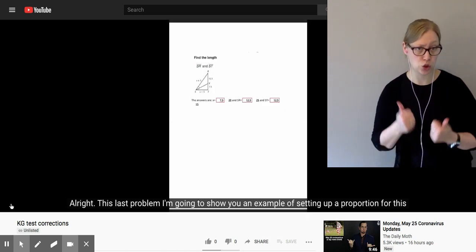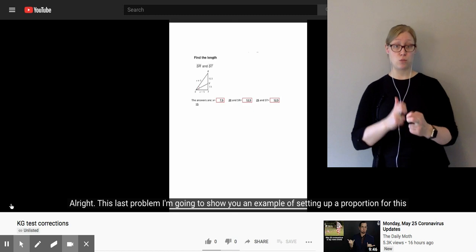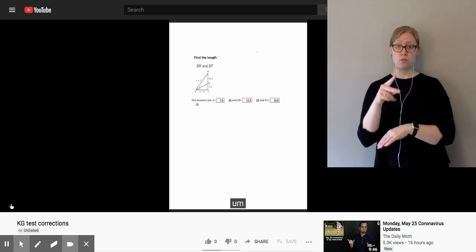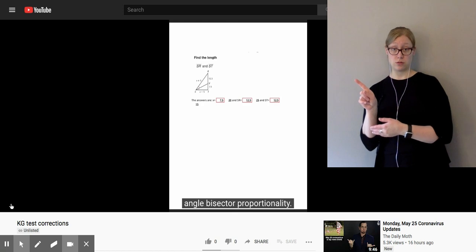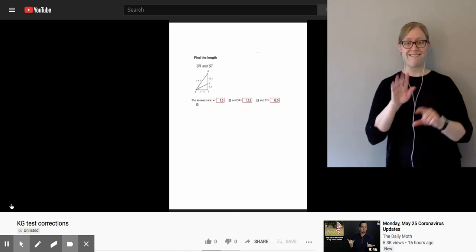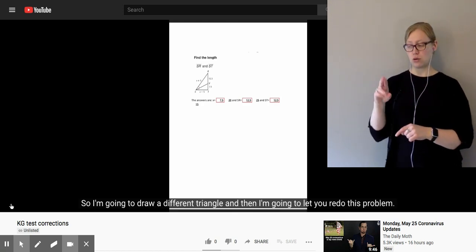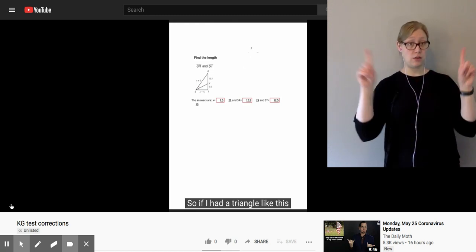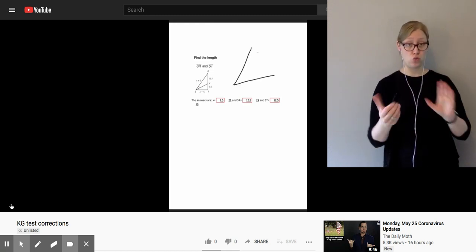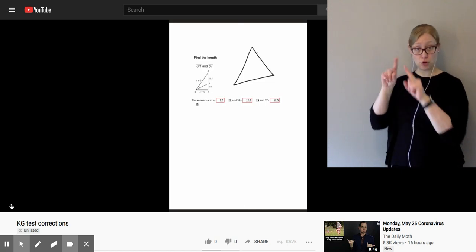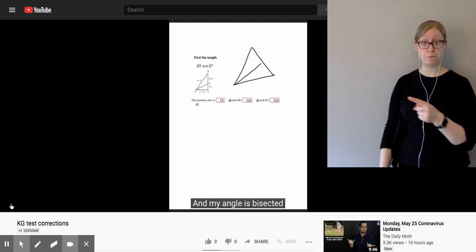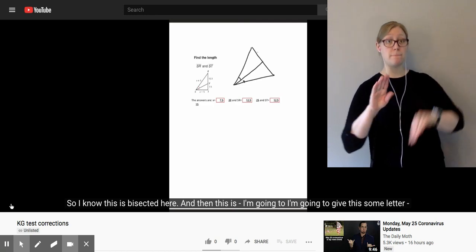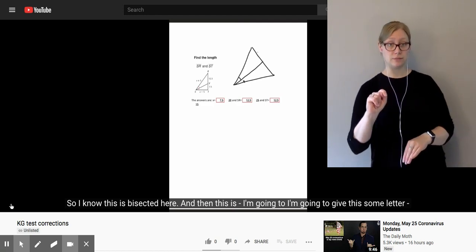All right, this last problem, I'm going to show you an example of setting up a proportion for this angle bisector proportionality. So I'm going to draw a different triangle, and then I'm going to let you redo this problem. So if I had a triangle like this, and my angle is bisected, so I know this is bisected here, and I'm going to give this some letters.